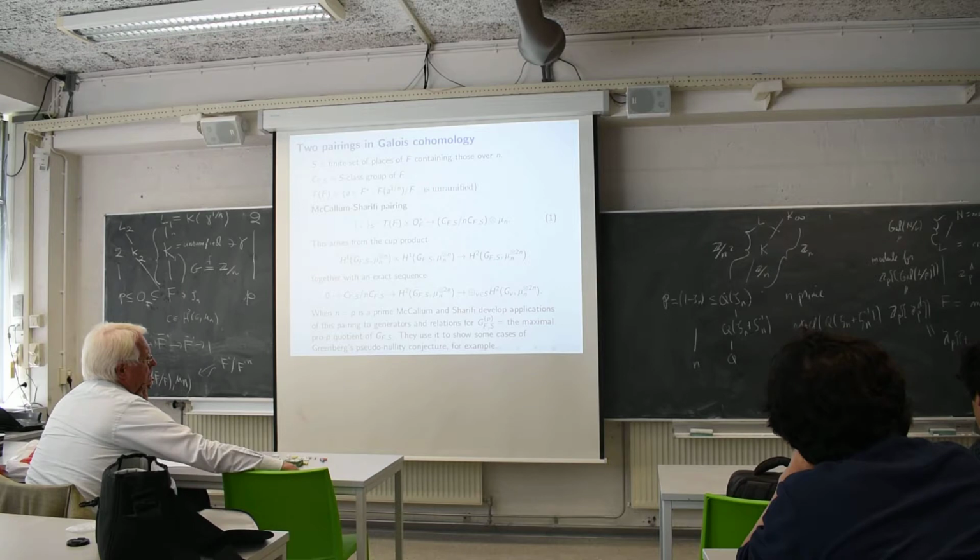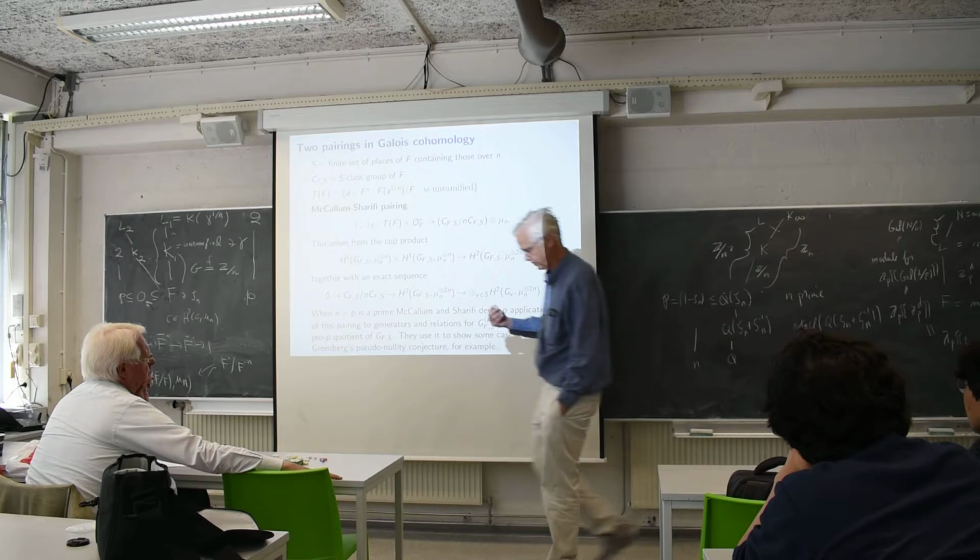You'd like to say that in this situation, even the localizations at codimension 2 primes are all 0. In general, if you replace this by some other group, it can still happen that this is pseudo-null, that localizations at codimension 1 primes are all 0, but at some codimension 2 primes the localization is not. You'd like to know what's the length. And that's what really motivated our working on Chern-Simons invariant. We were trying to understand how you develop Iwasawa theory in higher codimension.